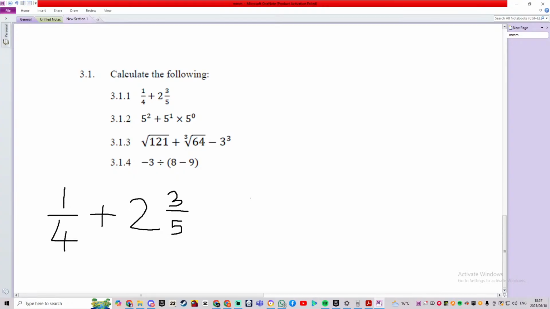Because we cannot add these fractions like this. And remember, we cannot put it into a calculator. So we have to convert this mixed fraction to an improper fraction.